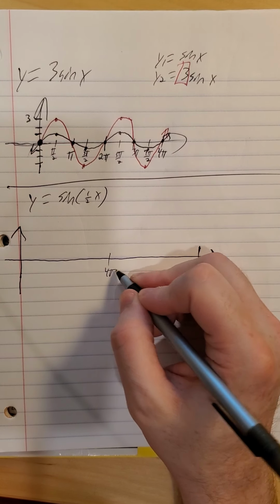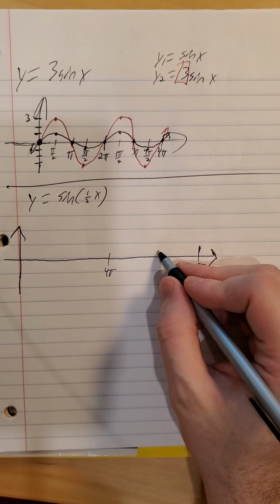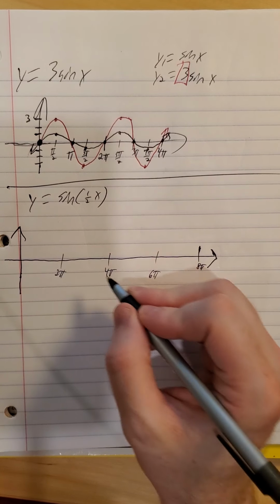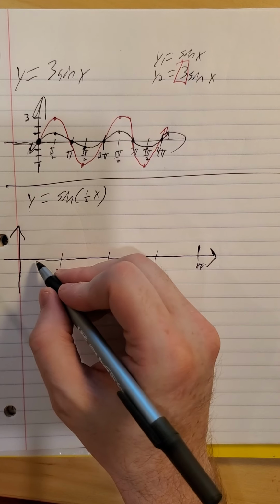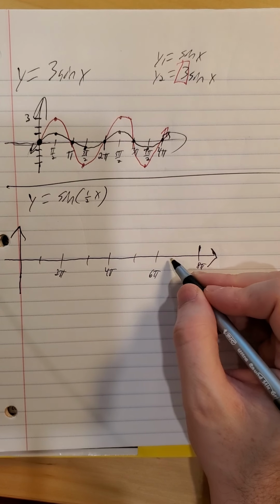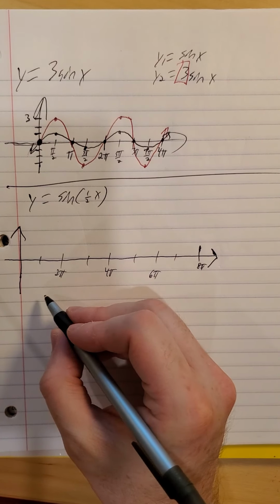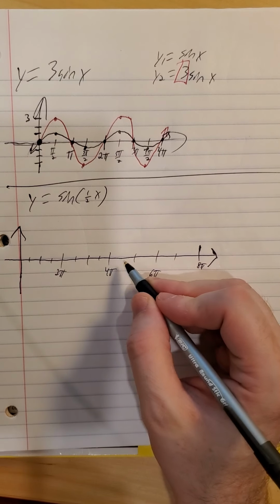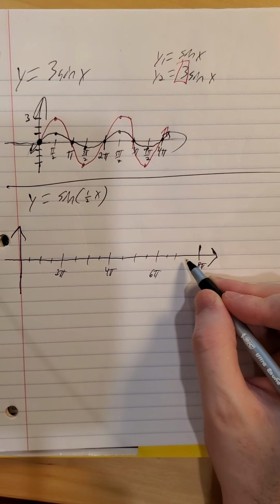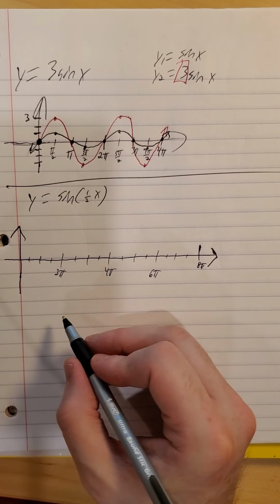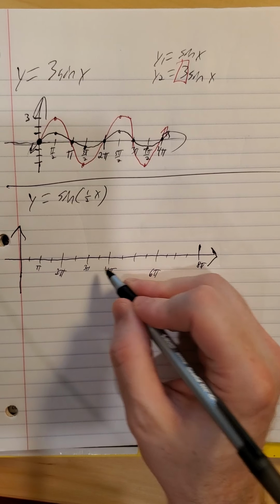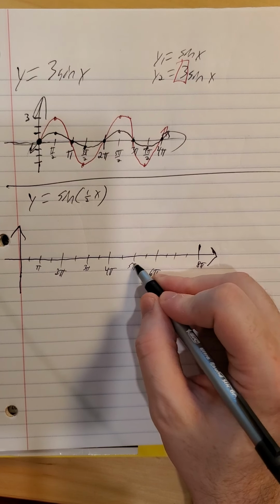Half in between is our 4 pi then. 6 pi there. 2 pi. Pi, 3 pi, and so on.